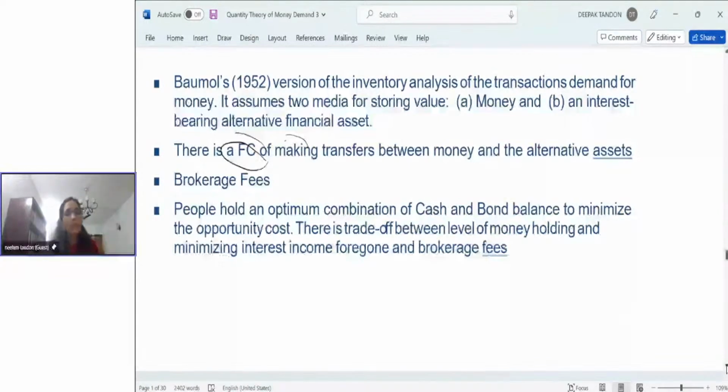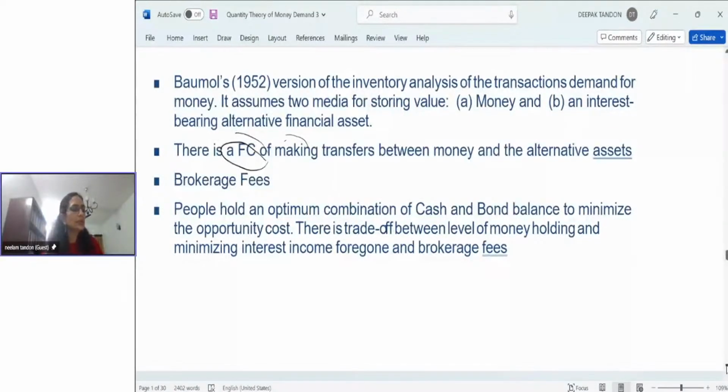Similarly, people have to go for an optimum combination of cash and bond in a manner which helps to minimize their opportunity cost of keeping cash, and at the same time helps to overcome the brokerage fees and result in capital gain. This is Baumol's model, inventory analysis. Is it clear to all of you?